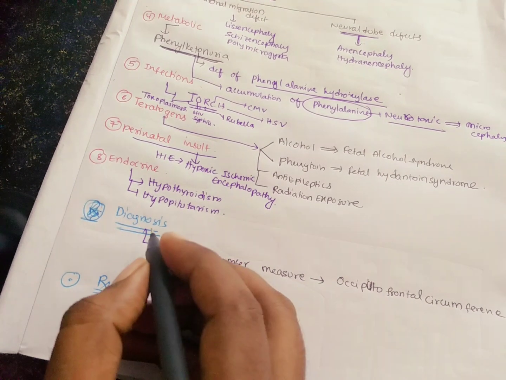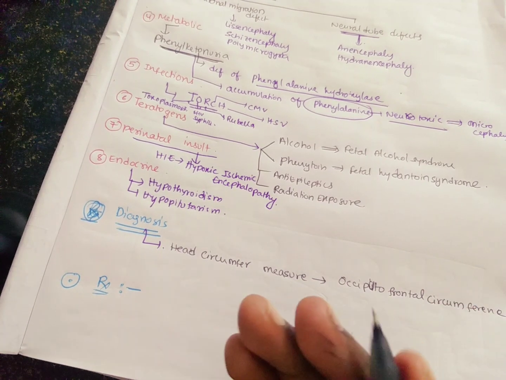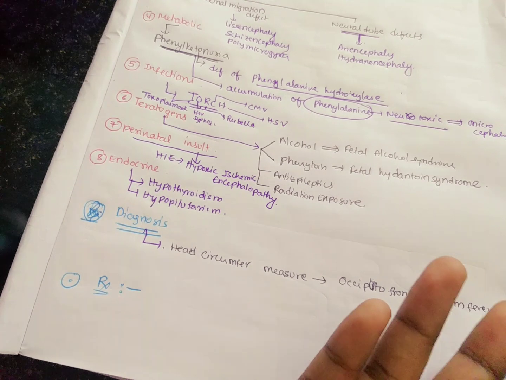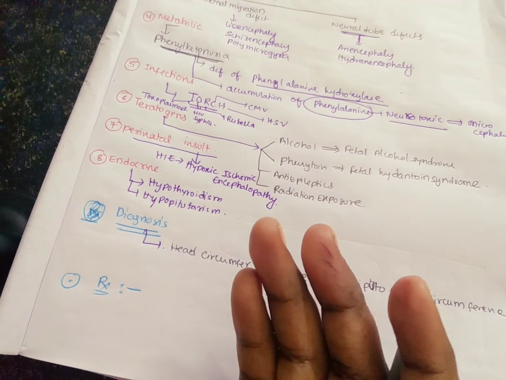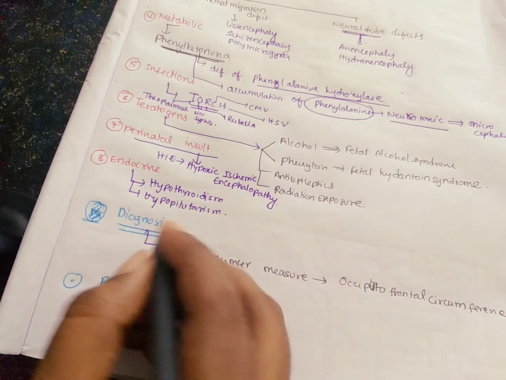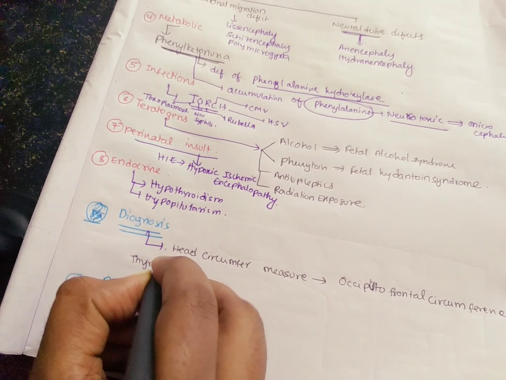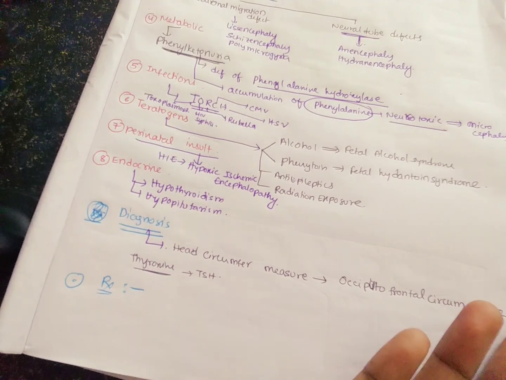In any associated syndrome, it will be a group of diseases, and we can see the group of signs and symptoms present. Then we can easily identify the causes of this microcephaly. If endocrine causes, then thyroxine test, TSH test, and tests for hypopituitarism.